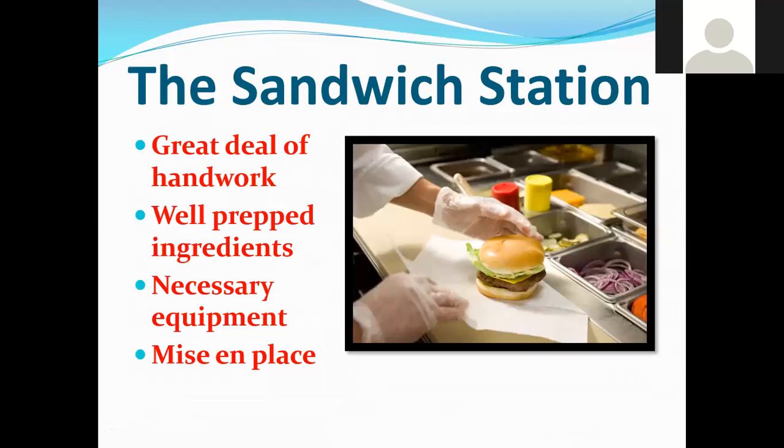Okay, if you're working in the food service industry, sandwiches, hamburgers, that kind of thing, they're all going to be pretty common fare, and so you're going to be making some of those. A good way to set that up, if you kind of imagine yourself at Subway, the sandwich station there where they are putting the sandwich together, that is by no accident the way that is set up. If you think about it, when you walk up there, the first thing they ask you is what kind of bread you want, right?